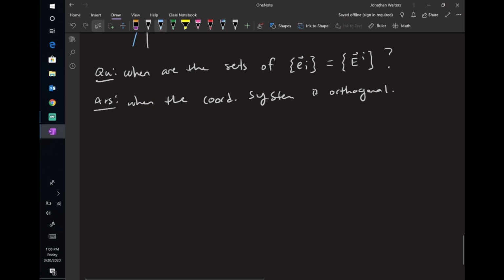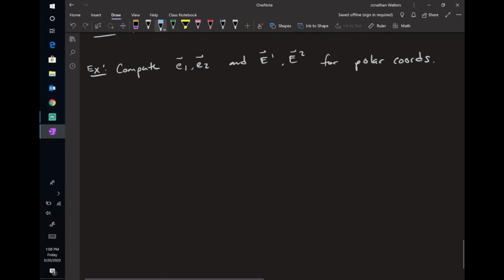So let's look at these basis vectors in polar coordinates. So for example, compute lowercase e1, e2, and capital E1, capital E2 for polar coordinates. So what do we do in polar coordinates?